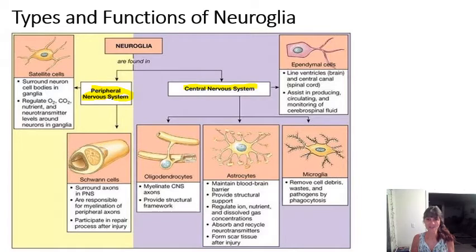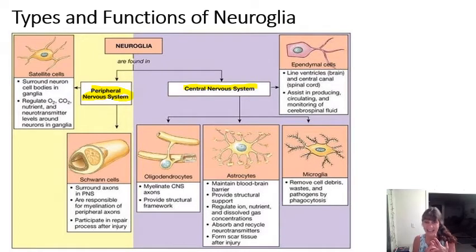These astrocytes are really important because they help to maintain the blood-brain barrier. They provide structural support. They help to regulate the concentration of ions, nutrients, and dissolved gas concentrations in the extracellular fluid around neurons. They also help to absorb and recycle neurotransmitters and form scar tissue after injury has occurred.